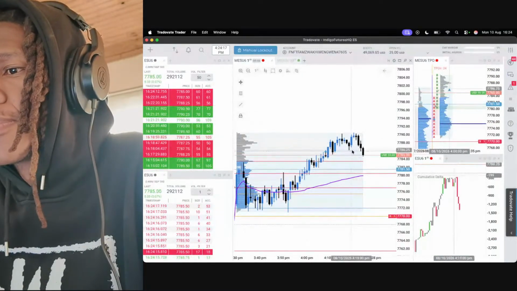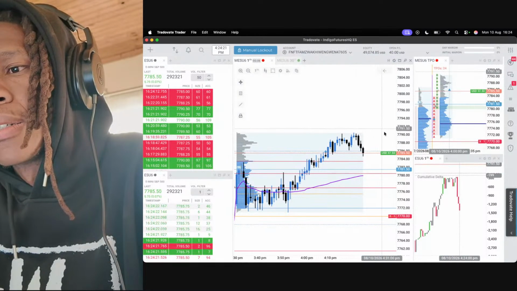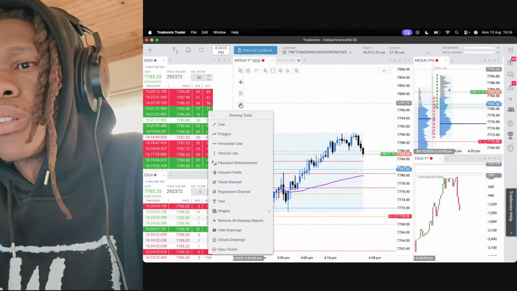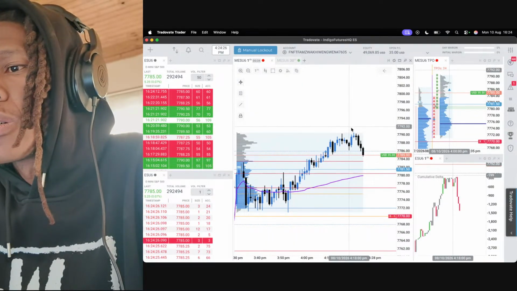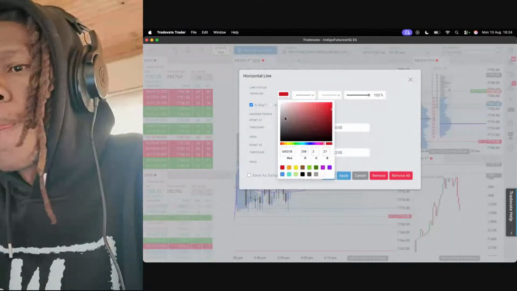But here we go. Overnight value area high. Let's throw this out. Let's put this up here.